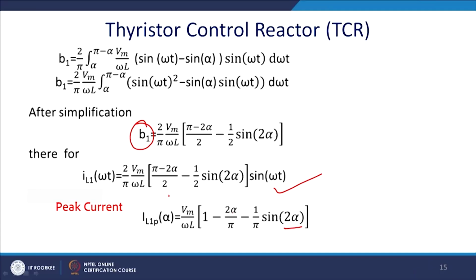So, it is 1 by pi, and there will be a minus sign that will make it plus, and the pi and pi will cancel out. Essentially you will get the value to be 0. So, this is the value of the peak current, and accordingly this value will change for different values of alpha. This is the expression of the peak current in case of the thyristor controlled reactor.